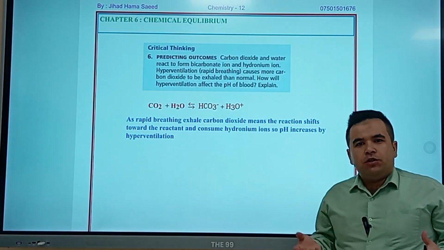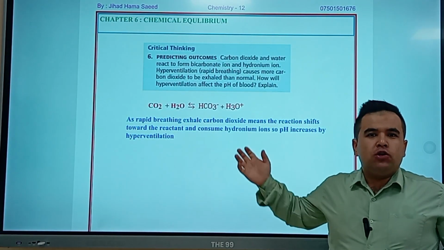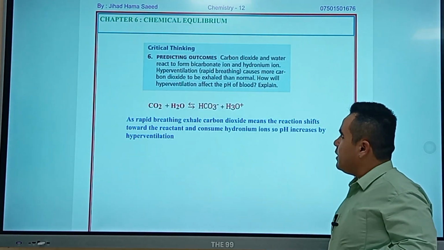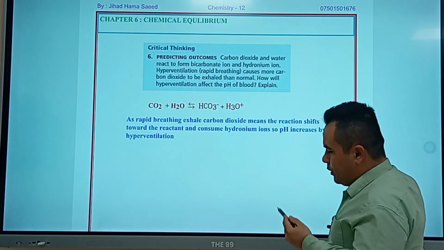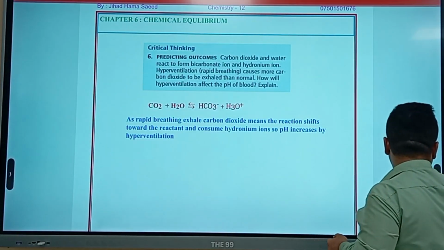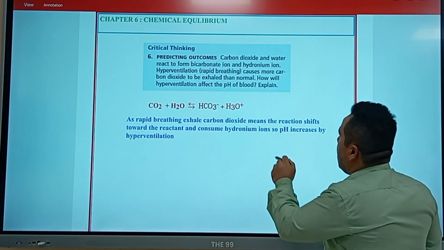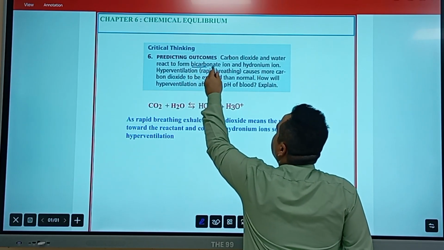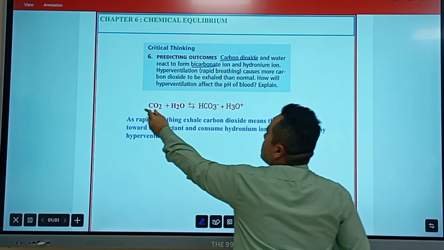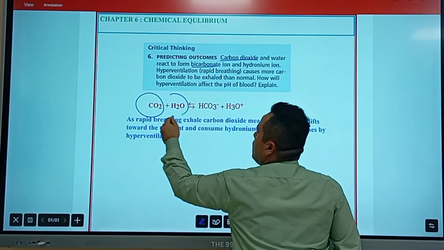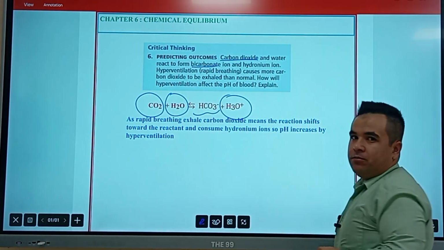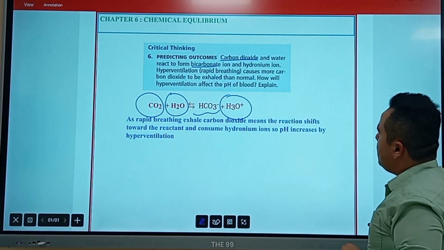Guys, for the shift in equilibrium, let us solve the critical thinking in the section review of section 2. The critical thinking stated that carbon dioxide and water react to form bicarbonate and hydronium ion in the medium.